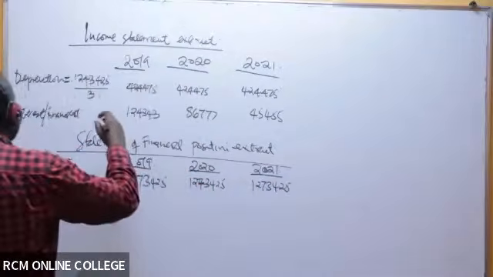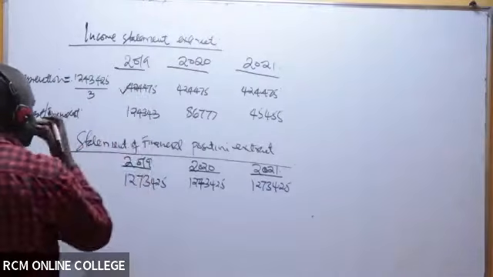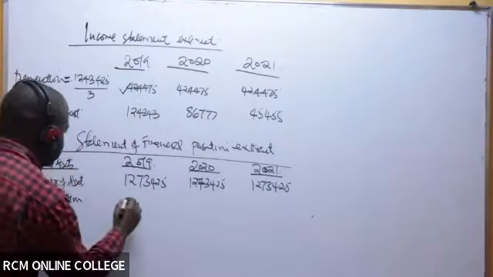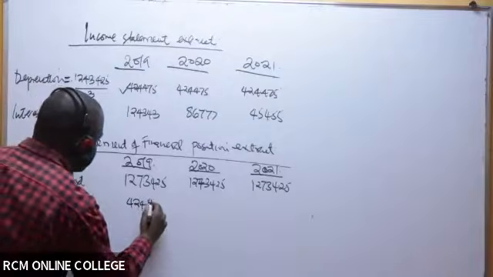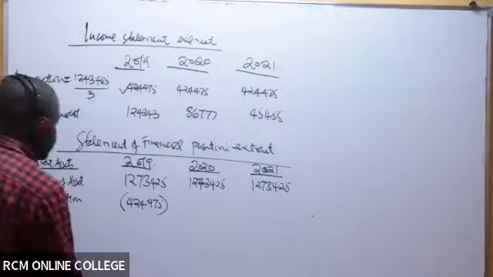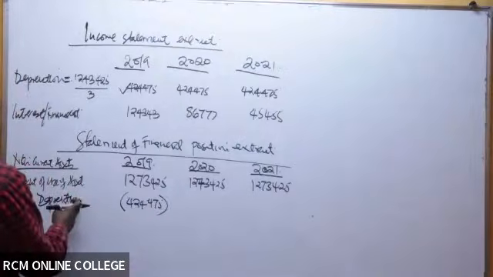Depreciation in the first year is 424,475, so you less that. That was the accumulated depreciation in the first year.